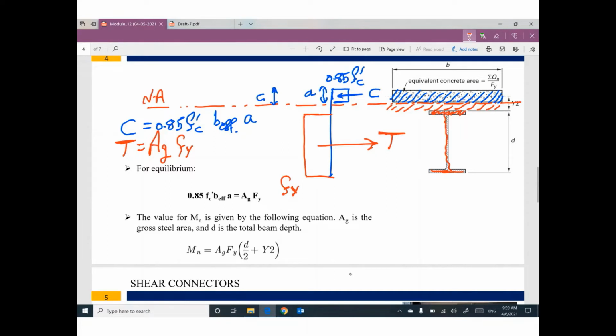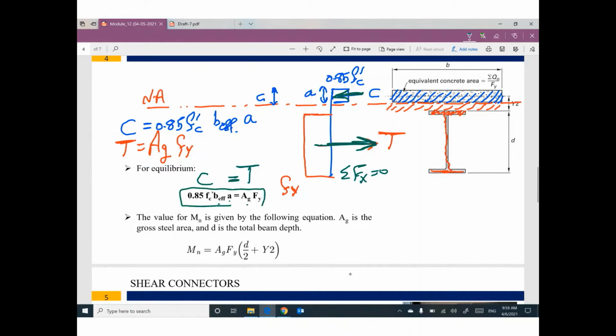From equilibrium, C equals T. If you apply summation Fx equals 0, this force will equal this one. So 0.85 f'c b effective a equals area gross Fy.